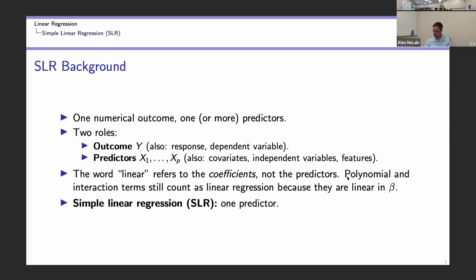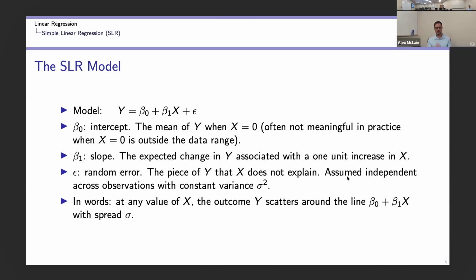Simple linear regression, which we'll talk about first, is when we just have one predictor variable. So it starts off very simple. You see here the statistical model for a simple linear regression. We have two parameters, beta 0 and beta 1. Y is our outcome, X is our predictor, and then we have the Greek letter epsilon, which is our error term.